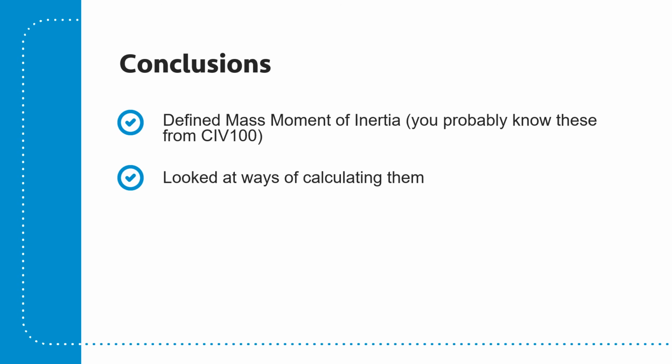You know a lot of these things, especially for area moments of inertia from Civ 100. However, it's really good to have this lecture where you're talking about the mass moment of inertia, just to get comfortable with the idea, and also to look at ways of calculating them.